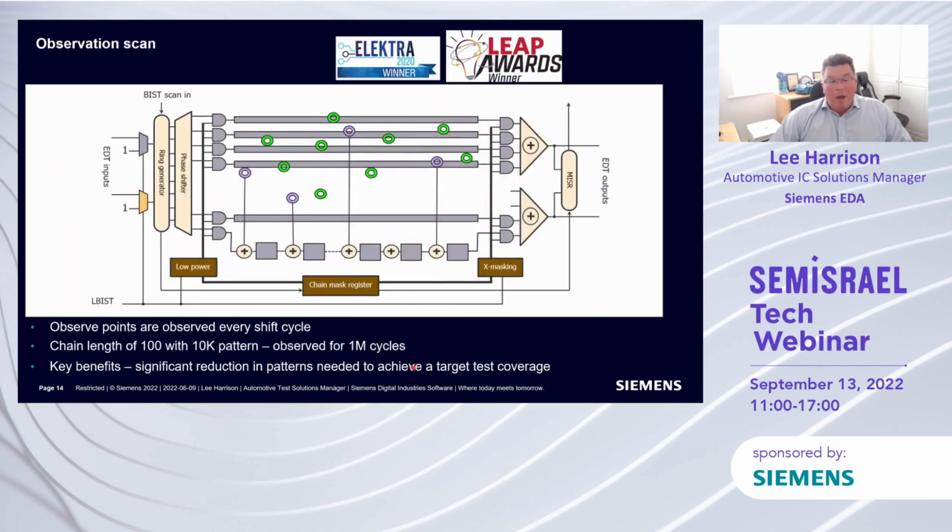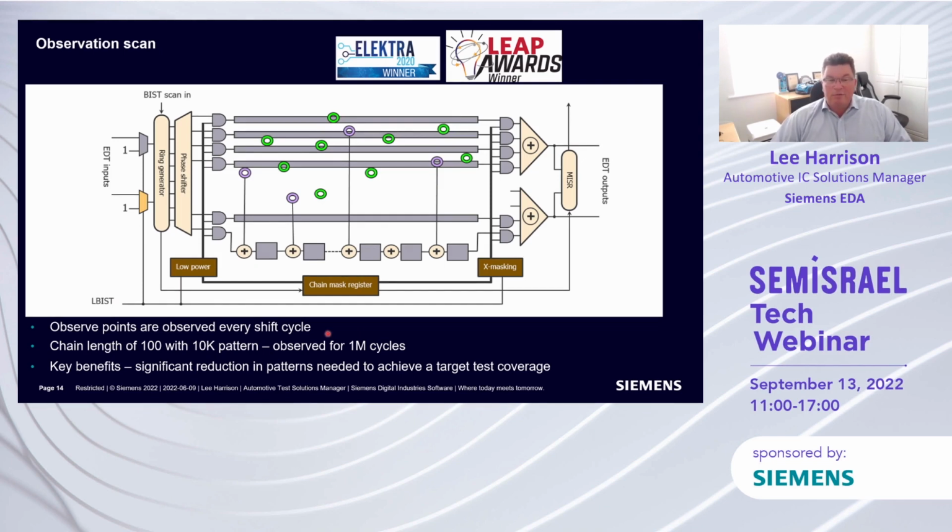Observation scan, which I mentioned before. Really, with observation scan, what we're trying to do is reduce the overall test time of logic BIST. We do that by leveraging the shift cycles that occur with every logic BIST pattern to achieve fault coverage on every single one of those cycles.